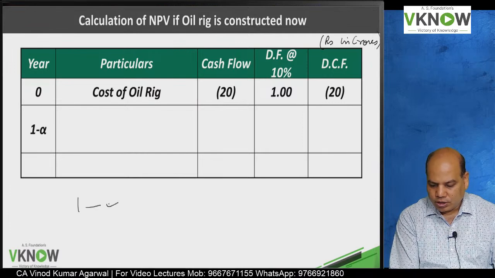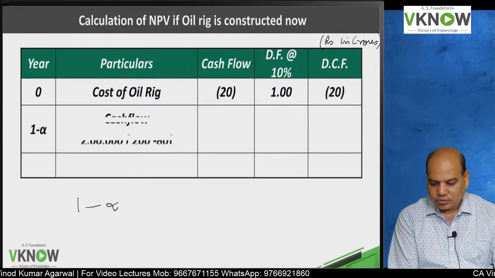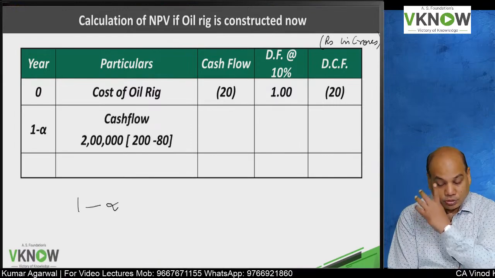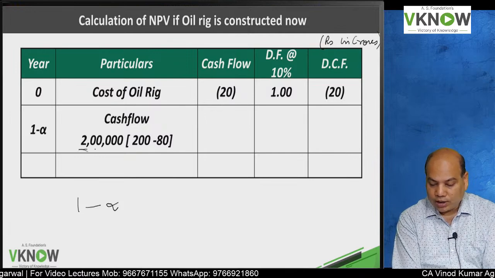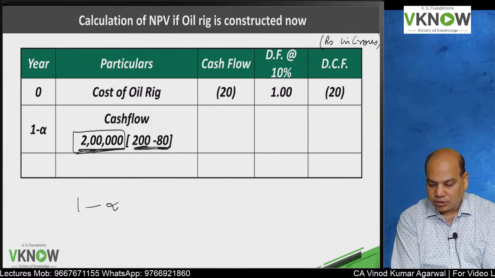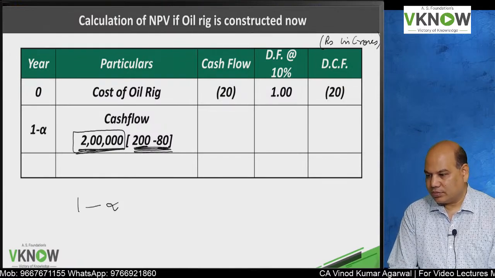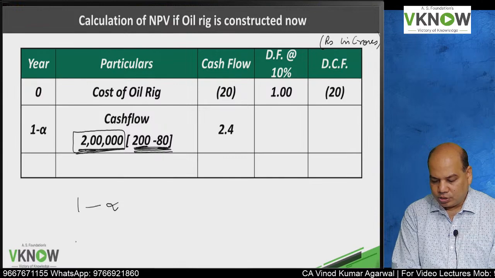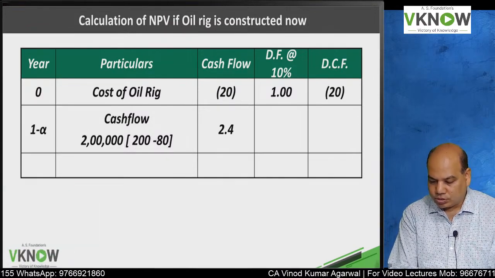Because it is a perpetuity, you are going to get a cash flow from 2 lakh barrels quantity times selling price minus variable cost, contribution 120. So my cash flow will be 2.4 crores.